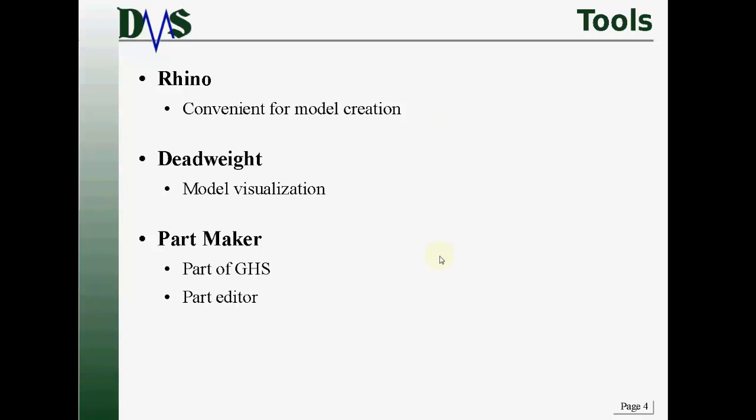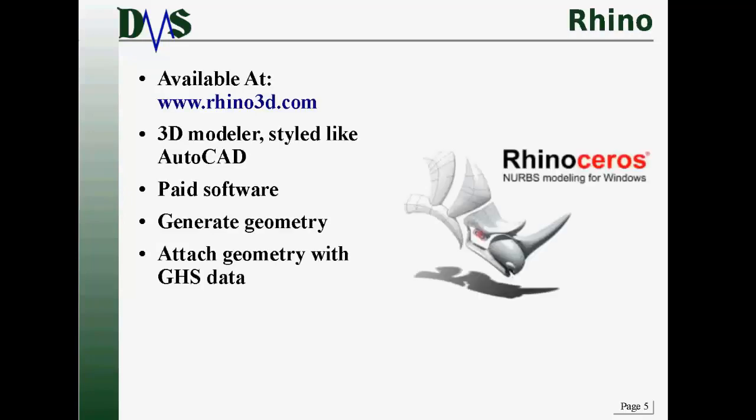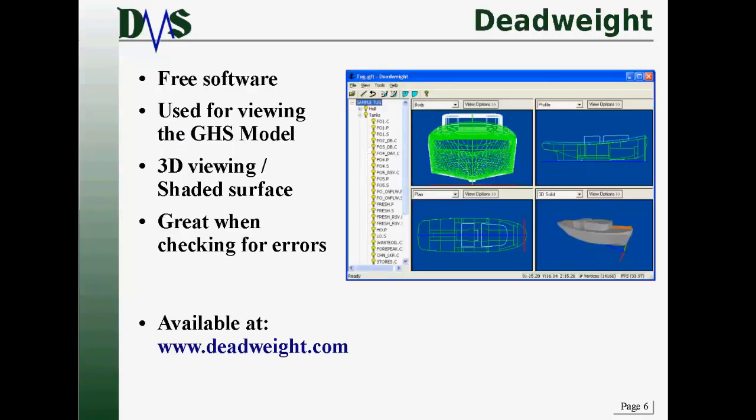If you're on a tighter budget, certainly download DeadWhite, and PartMaker is of course included in your purchase of GHS. So certainly, an efficient GHS use will involve all three of these tools working together. And we'll go into a little bit more detail later about how to use each one of these.